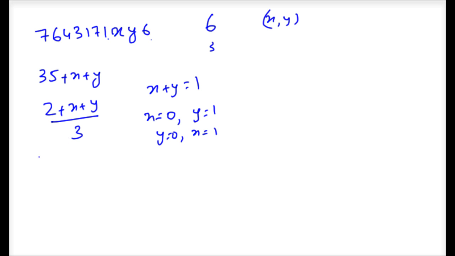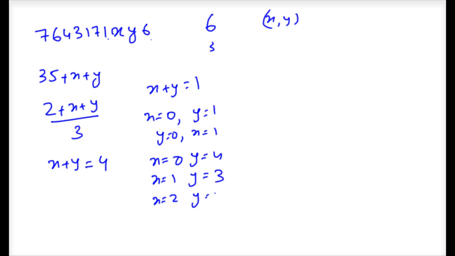This is one possibility. The other possibility is when x plus y is equal to 4. So if x plus y is equal to 4, then x is equal to 0, y is equal to 4. If x is equal to 1, y is equal to 3. If x is equal to 2, y is equal to 2. If x is equal to 3, y is equal to 1. If x is equal to 4, y is equal to 0. So this is the other possibility.